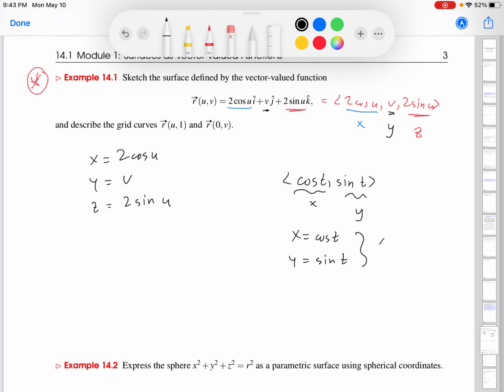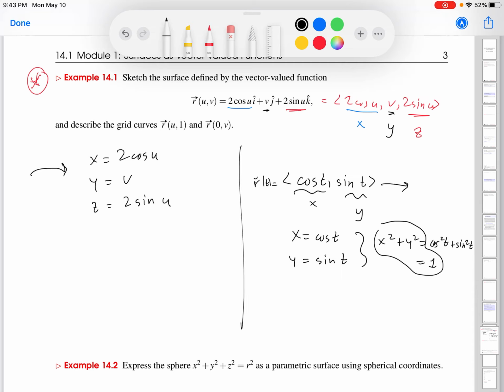For something like this, we use the fact that cosine squared plus sine squared is 1 to see that the space curve generated by this r of t vector valued function would generate a circle of radius 1. So we are going to do something very similar in this context.